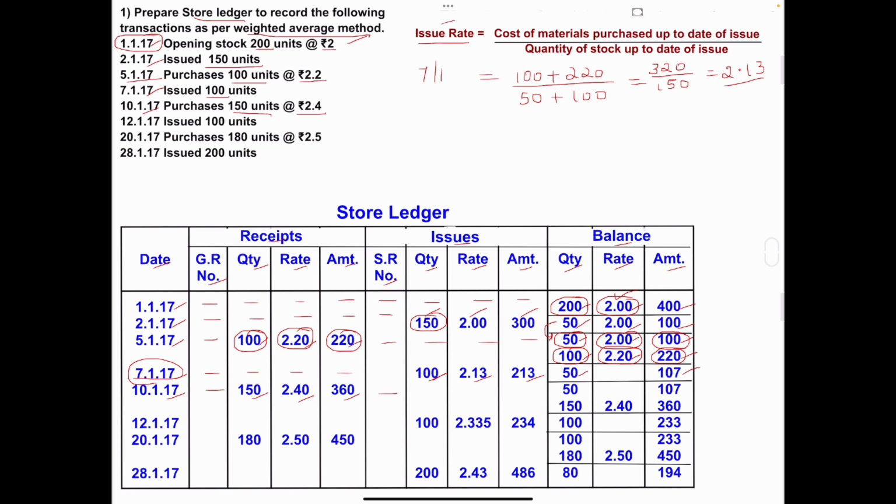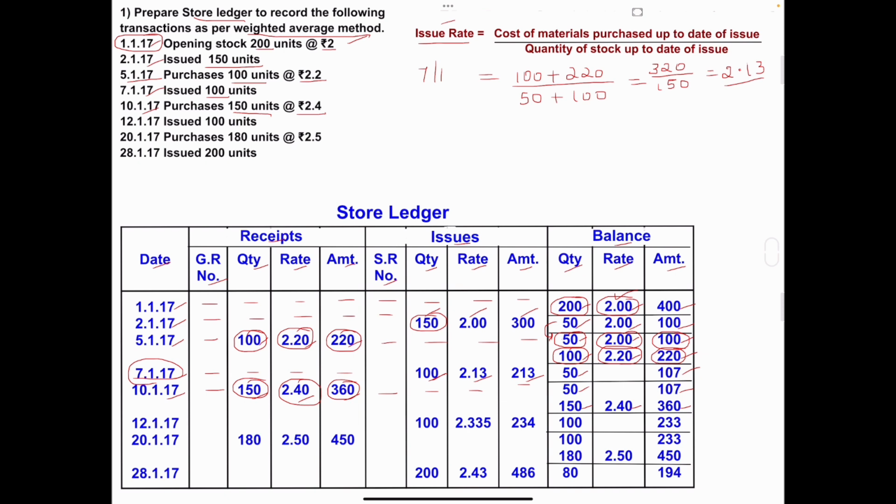Issues column nil. Write the previous balance, 50 quantity and amount is 107. Now add the recent purchase, that is 150 units. Rate per unit is 2.40 and the amount is 360.